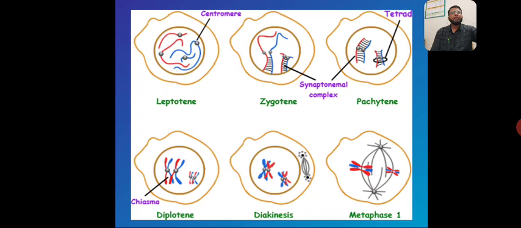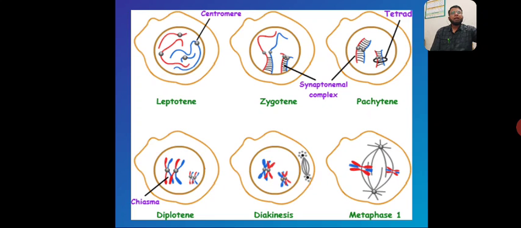Chiasma means crossing. Some chromosomes are not totally separate; they are crossed with each other. The two chromosomal arms begin to repel one another. This allows the two chromosomes to move apart from each other. So this is the diplotene stage.